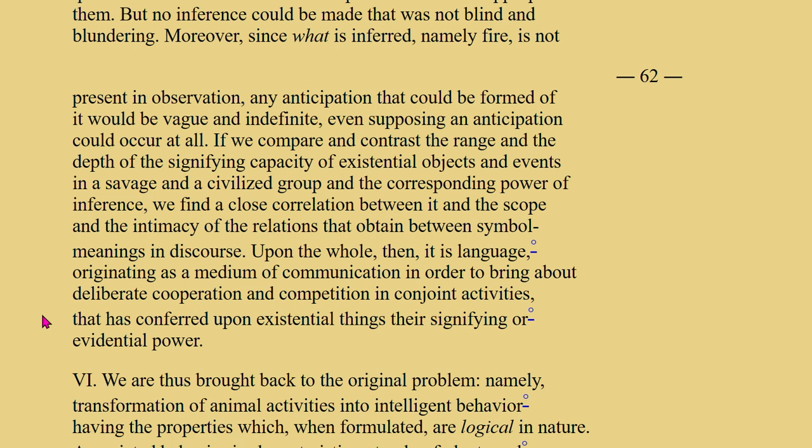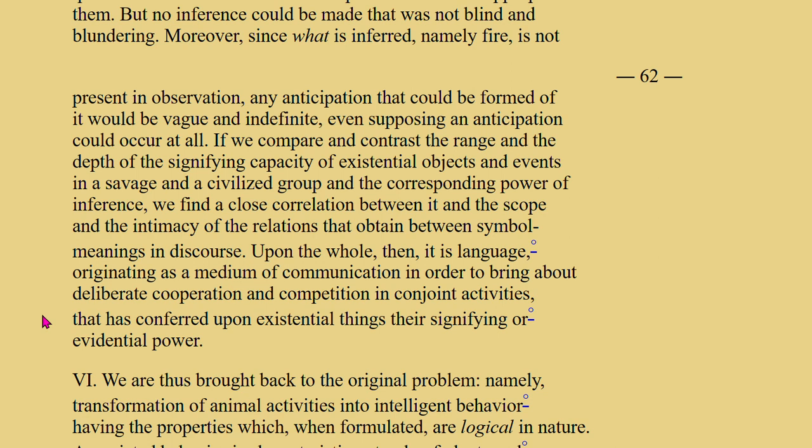Anyway, the key point here is the three kinds of relations: relations between symbols, relations between symbols and existences, and relations between different existences. And for each of those kinds of relations, he's going to use a different term.